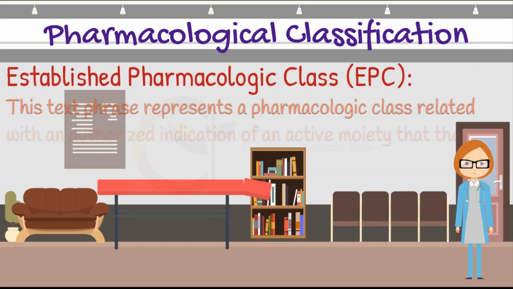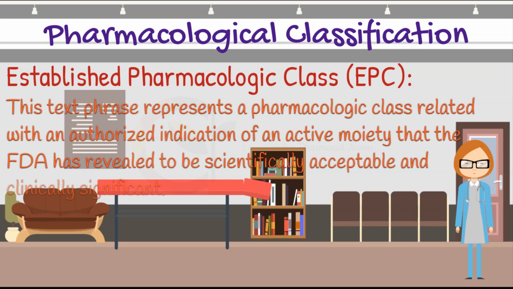Established pharmacologic class or EPC is a text phrase that represents a pharmacologic class related with an authorized indication of an active moiety that the FDA has revealed to be scientifically acceptable and clinically significant.